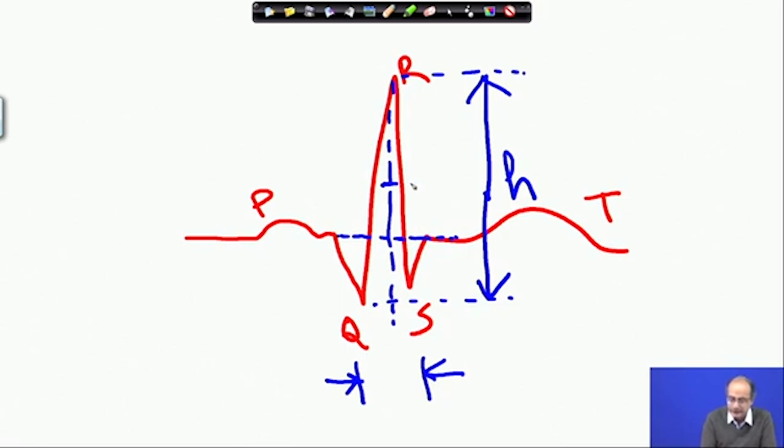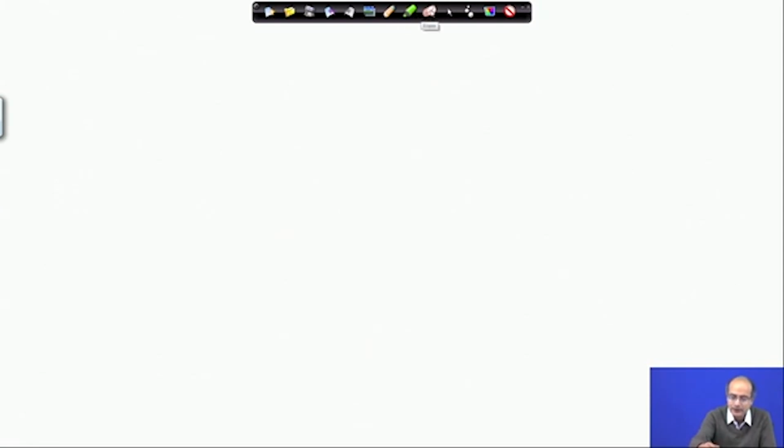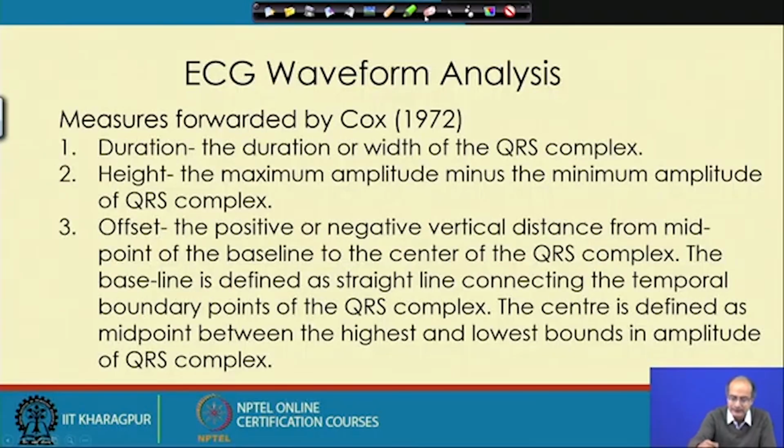The difference between that midpoint of H and the baseline is taken as the offset. So, these are the three important points that are taken.